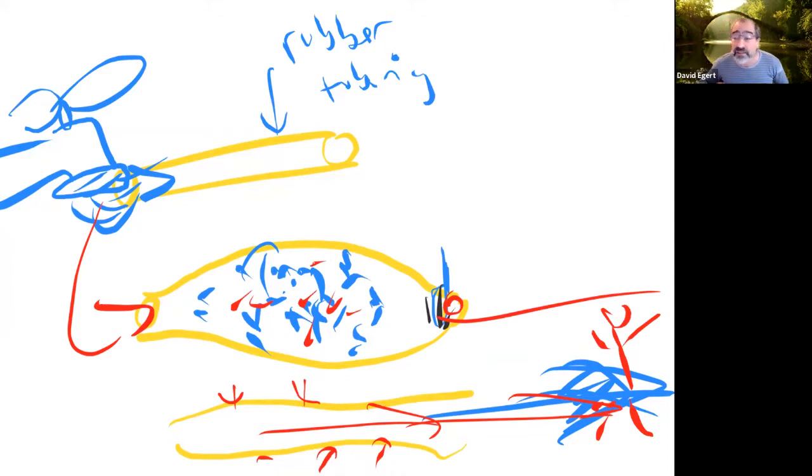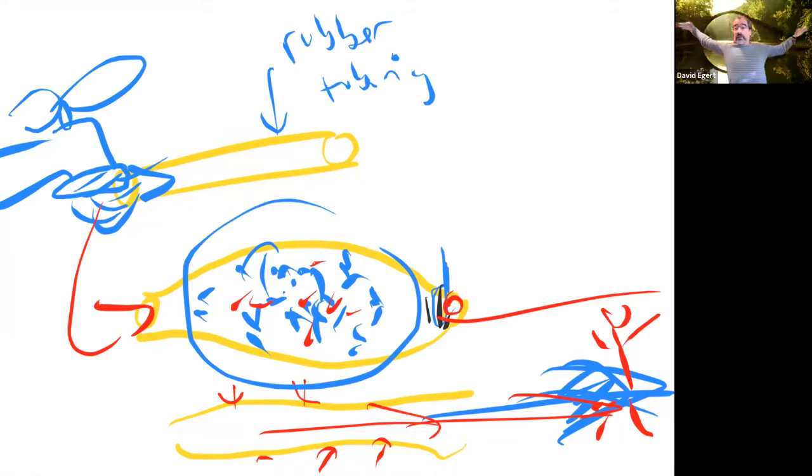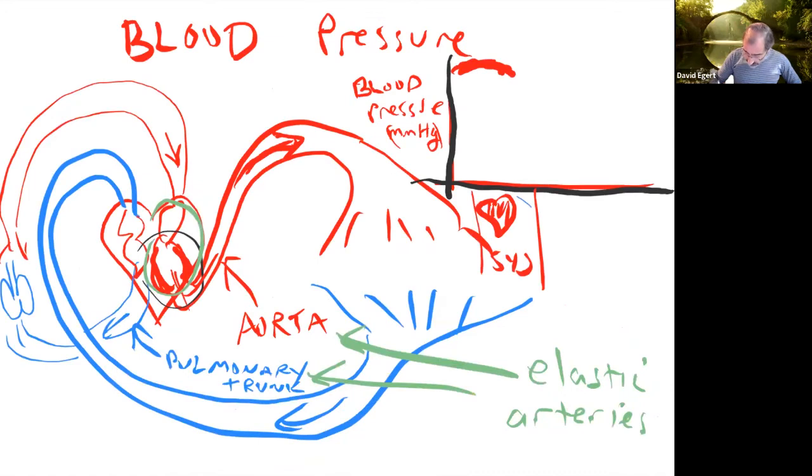And this is basically what's happening with your major arteries leaving your heart. When you're in systole, you're actually stretching out the major arteries, the aorta, the pulmonary trunk. The walls are stretching out. So during systole here, you've got the aorta stretching out.